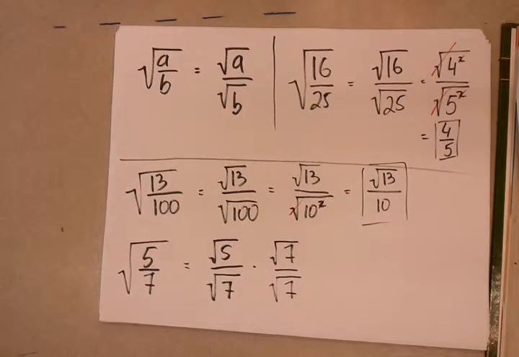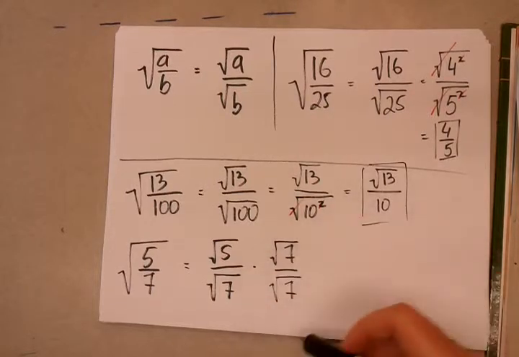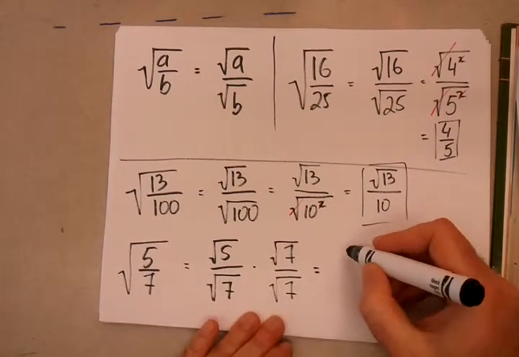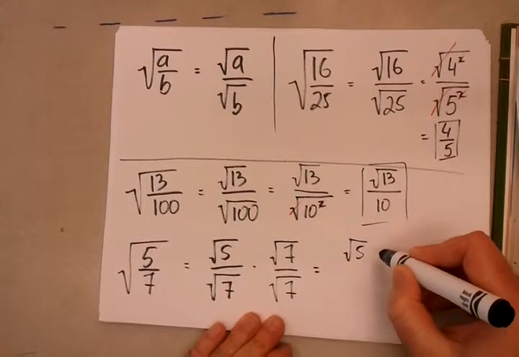So mathematically speaking, it's as if I'm multiplying this fraction by just the 1. So I'm not changing the fraction in any way. But what I can do now is multiply across and I get this.